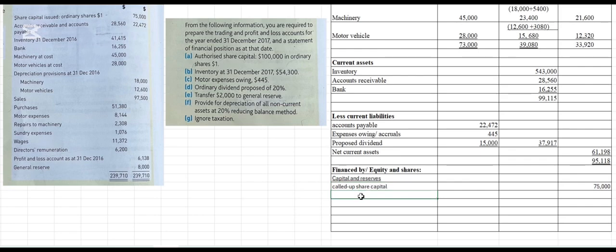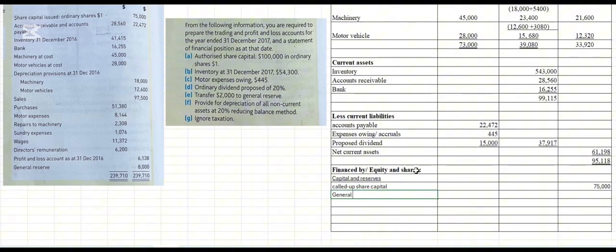Then we'll have our reserve section. Remember earlier I was telling you that you only put the transfer to the general reserve in the trading profit and loss account, because that's a new allocation from the current year's profit.